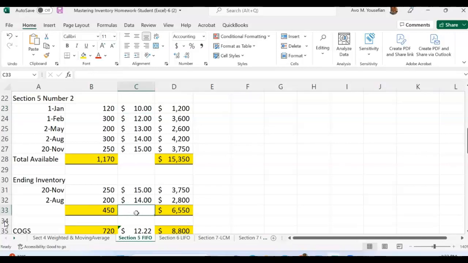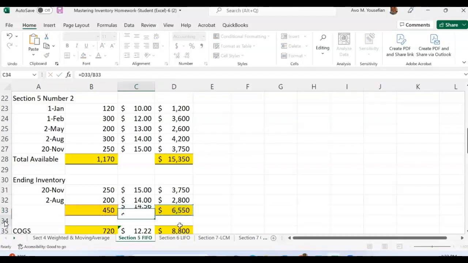So here, if I want to take this to the next year, I have to figure out what's the cost anyway, right? So what's the cost? I know 450 comes from 2 layers, but if I want to take it to the next year, I'm going to get an average of this. So I'm going to say equals to that number divided by number of units ending. So I'm going to take this to next year.